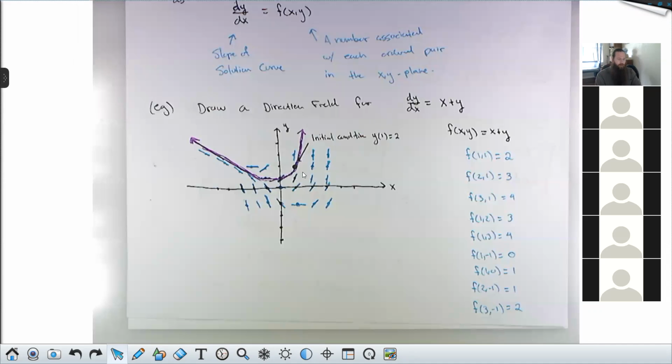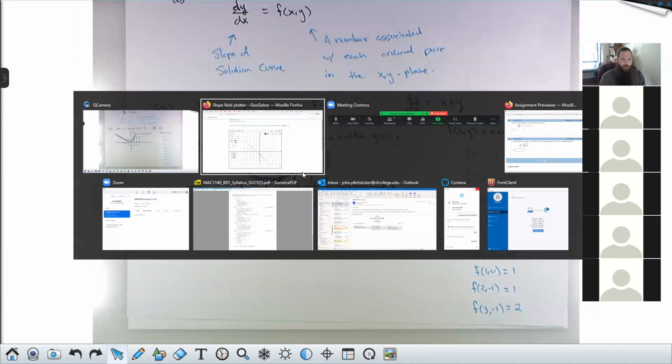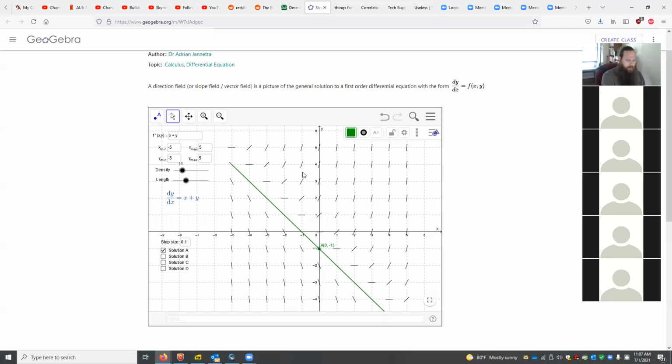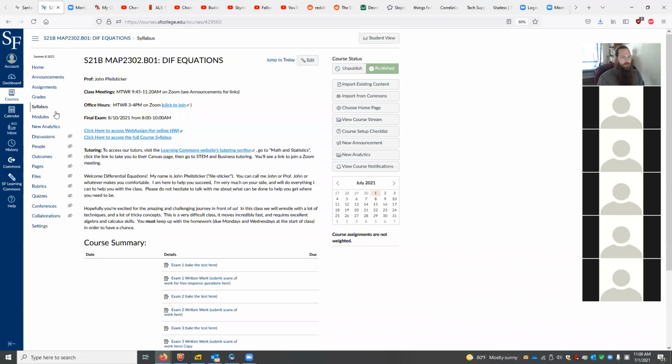So those are direction fields. And your homework, the new homework, has plenty of problems for you to play around with those things. I invite you to use the GeoGebra applet when it tells you to use a computer program to draw the direction field. But I also want to encourage you to draw at least one of them yourself.